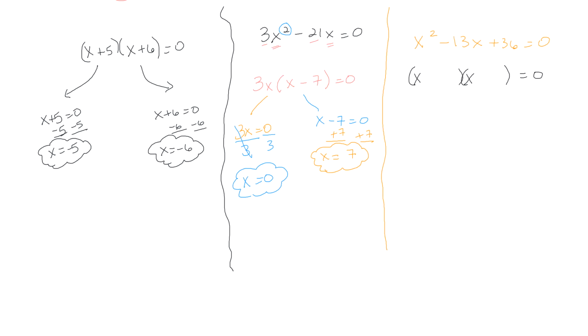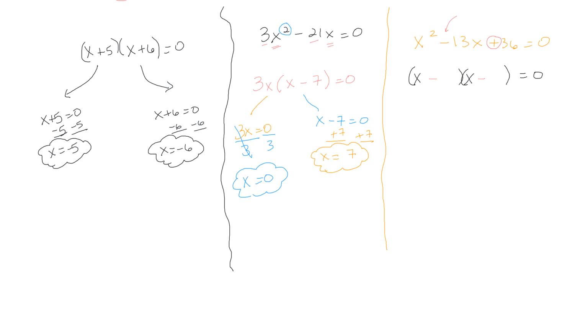The last sign is positive, which means I will have two of the same signs, not necessarily negative, not necessarily positive, but the signs will be the same. And then you look at the first sign to see what same sign I'll be looking for. I'm looking for a same sign that's negative. Two numbers multiplied together to give me 36 and add up to give me 13.